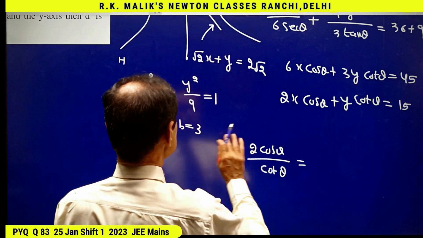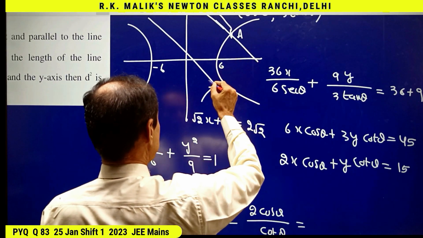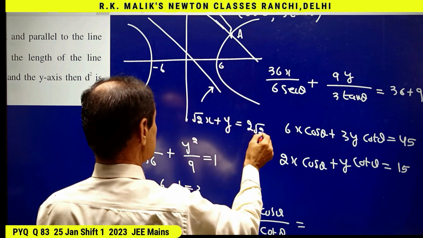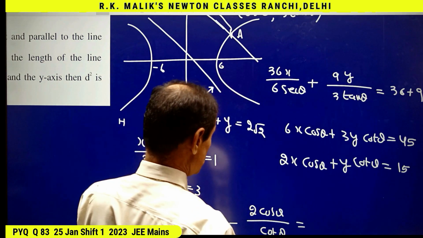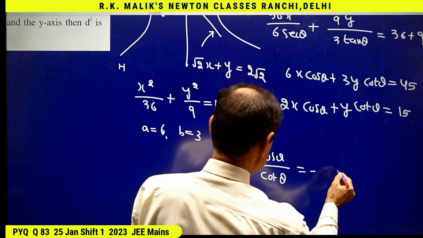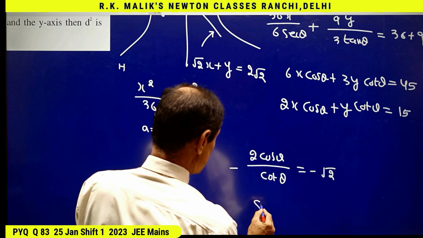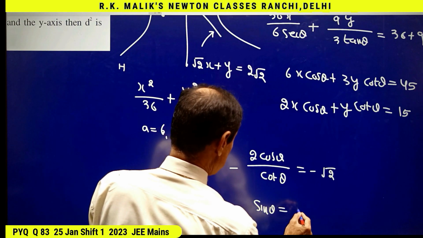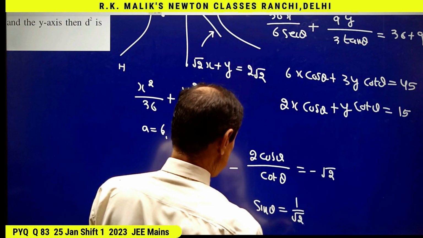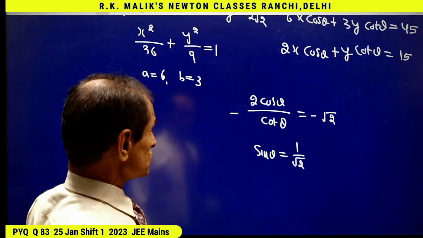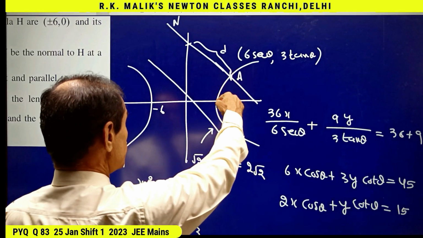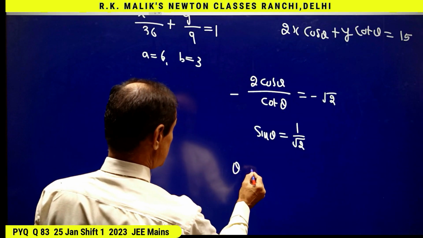This is equal to, because this normal is parallel to this line and the slope of this line is minus root 2, hence we will put it equal to minus root 2. That is, I will get sin theta equal to 1 by root 2.